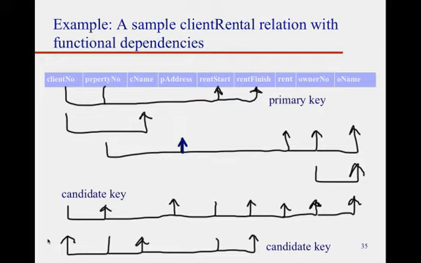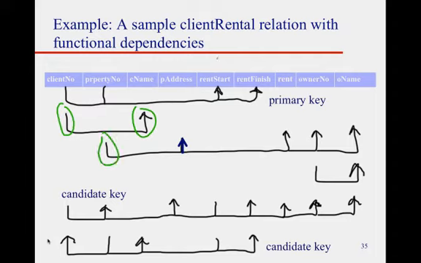But you can use partial dependencies to derive the rest of the attributes. So client number and property number, when paired, determine only two of the attributes. But client number by itself determines client name, and property number by itself determines the rest.